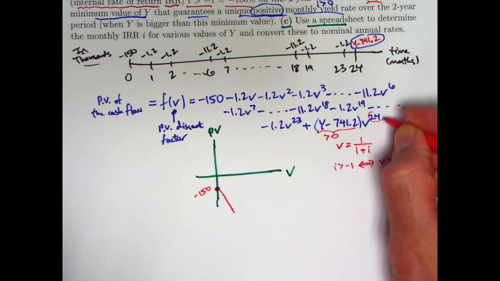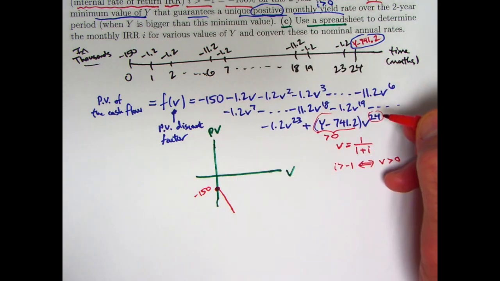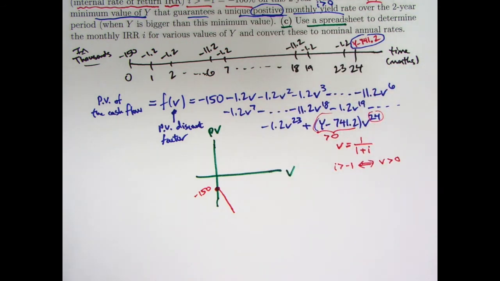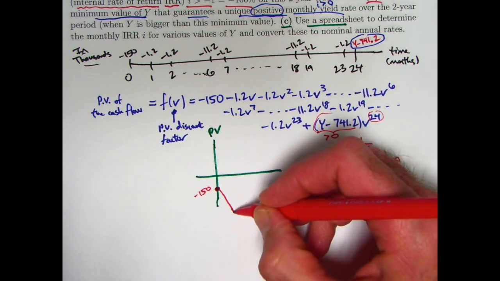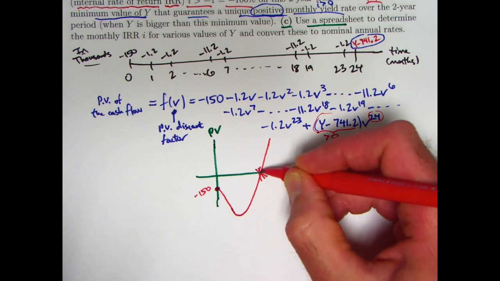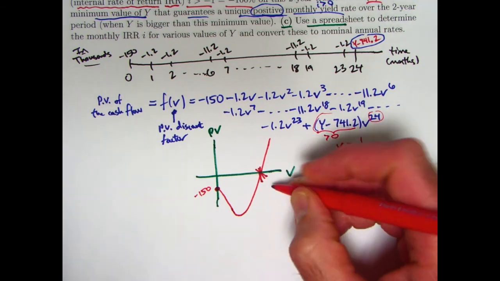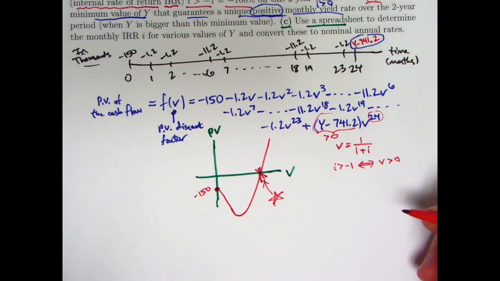Because that's the highest power of V, this is eventually going to win out over all the other things, over all these negative quantities. This positive quantity is going to be much bigger than all of them put together. And that's going to mean the function value is eventually going to be positive. This graph has to come back up. And it's got to cross the horizontal V-axis where V is positive somewhere. That's the key point right there.